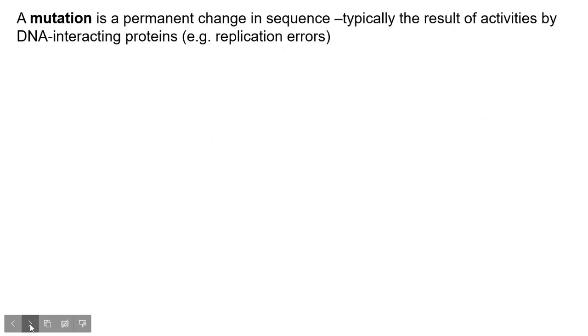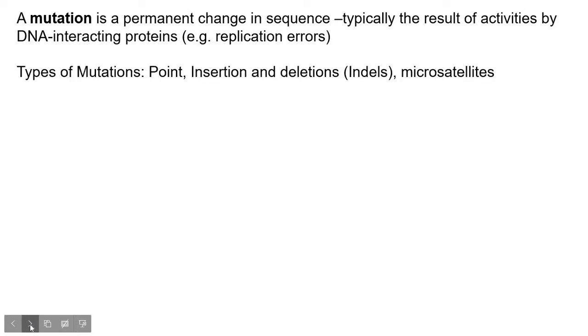Okay, so what is a mutation? A mutation is a permanent change in the sequence of DNA. It usually happens by the activities of DNA interacting proteins, so replication errors lead to mutation, unless it is detected by the repair system. There are different types of mutations, and you've learned about these already.